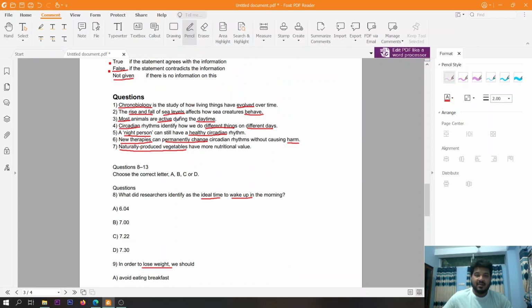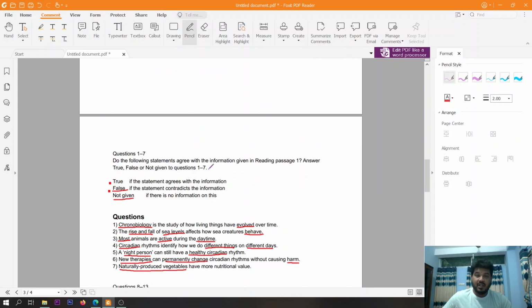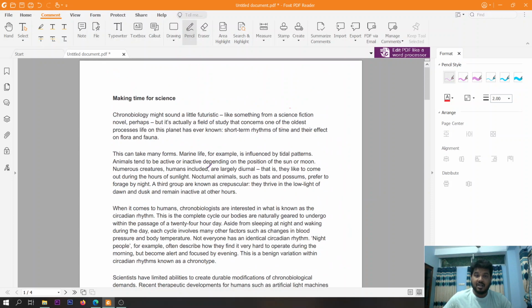For that, as you can see, I have underlined some keywords right here, and using these keywords we'll go straight into the passage and try to find out where the answer can be.